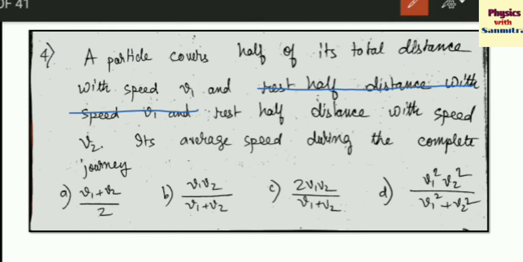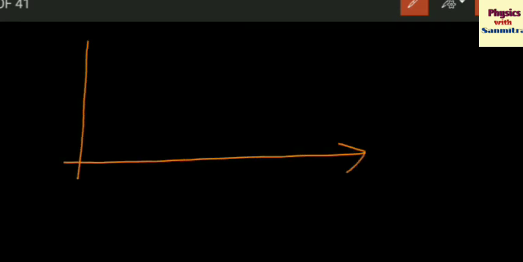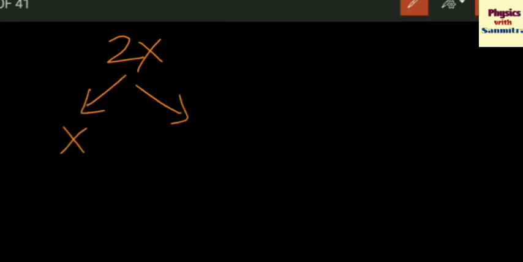Now this is a fairly simple question, but such questions are also asked. This is the first problem sheet, level 1, so I have given it here. See, let the total distance be 2x. The first half x takes a time t1, and the second half x takes a time t2.